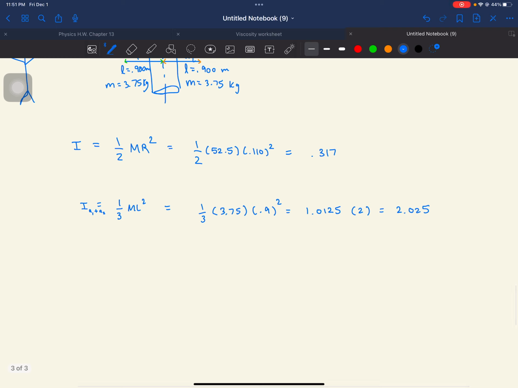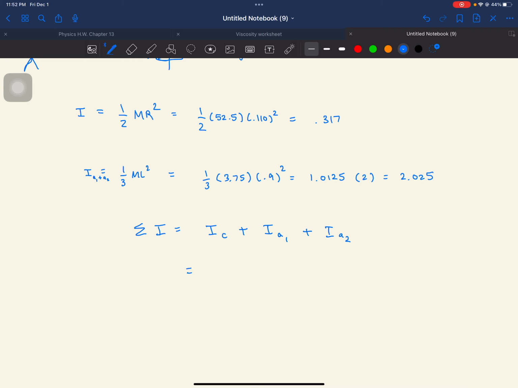So the sigma I would equal the moment of inertia of the cylinder plus the moment of inertia of arm 1 plus the moment of inertia of arm 2.